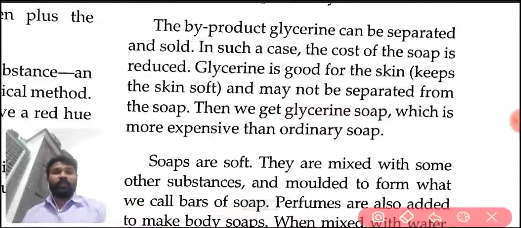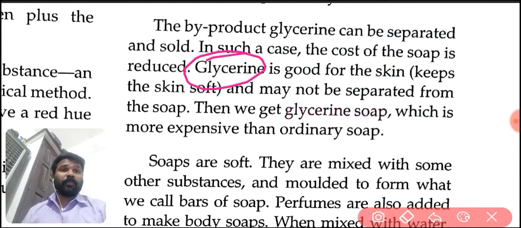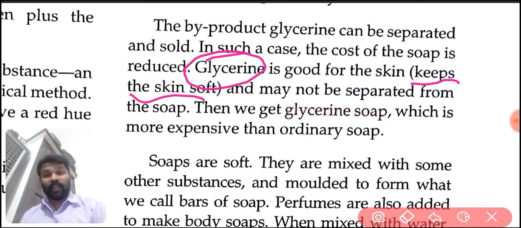The byproduct glycerin is good for the skin and may not be separated from the soap. Why is it good for the skin? Because it keeps the skin soft.